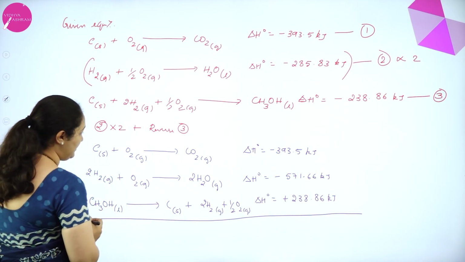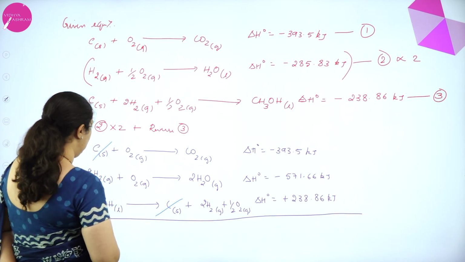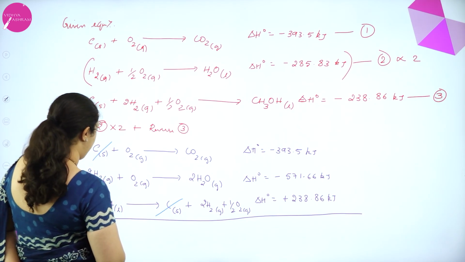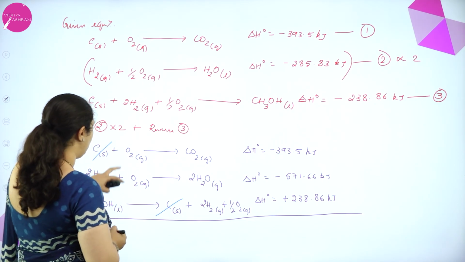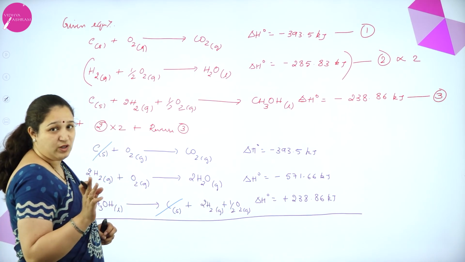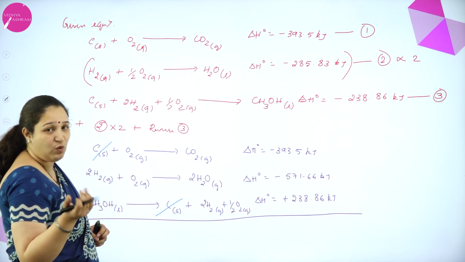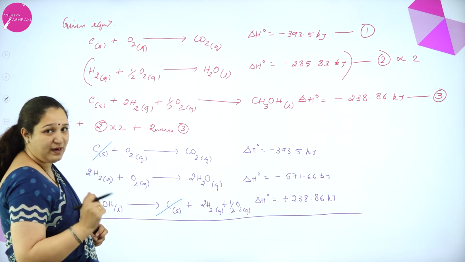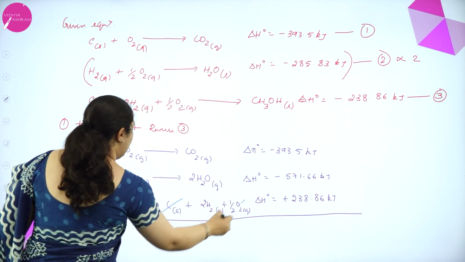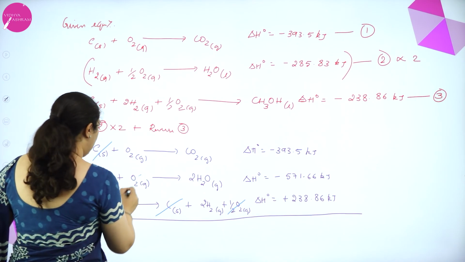Now I will add all of these equations and see whether I will get the required equation. So we will see what gets cancelled. Carbon and carbon get cancelled. Then we have O2 and O2. 2 molecules and half a molecule are there. So from 2 molecules of O2, if I take half, what will remain? I have 3 by 2 O2. 1 plus half is 3 by 2. That is how we can calculate.